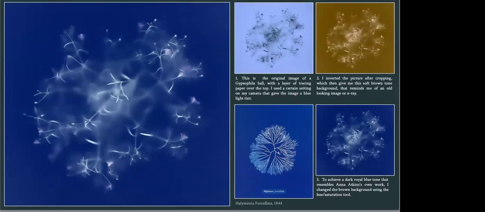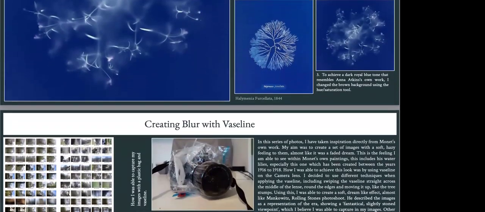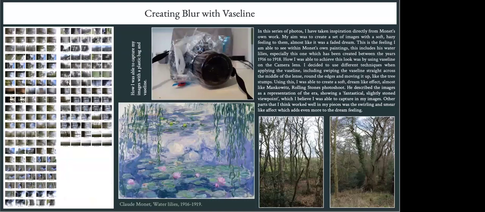I've experimented with tracing paper, then they kind of move on to using Vaseline on the lens to blur the images.